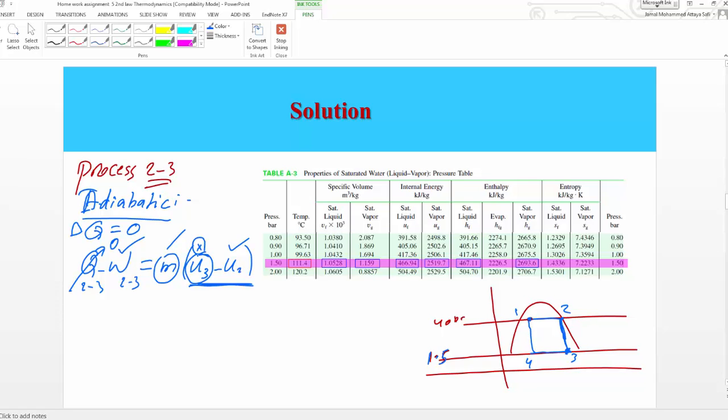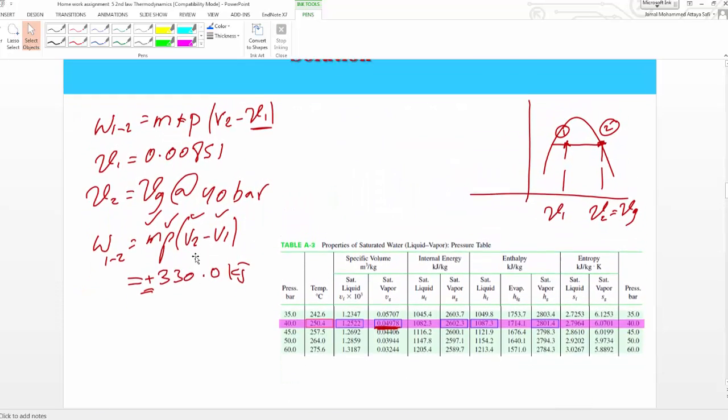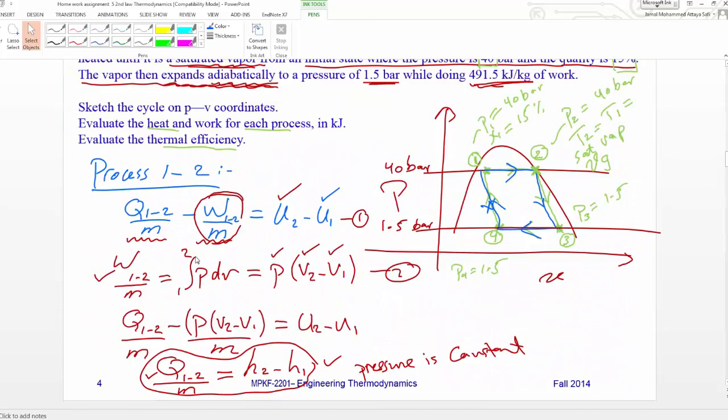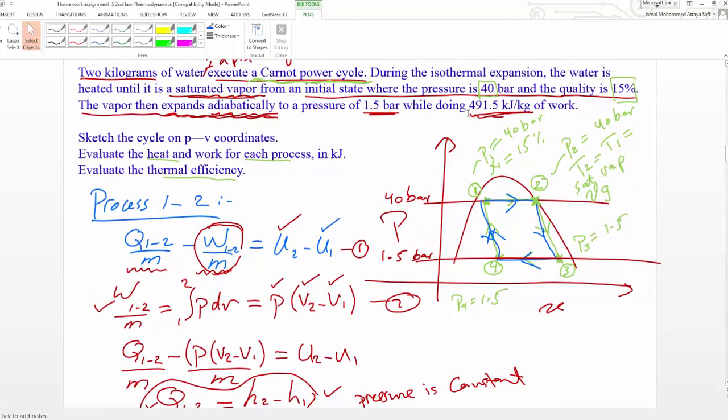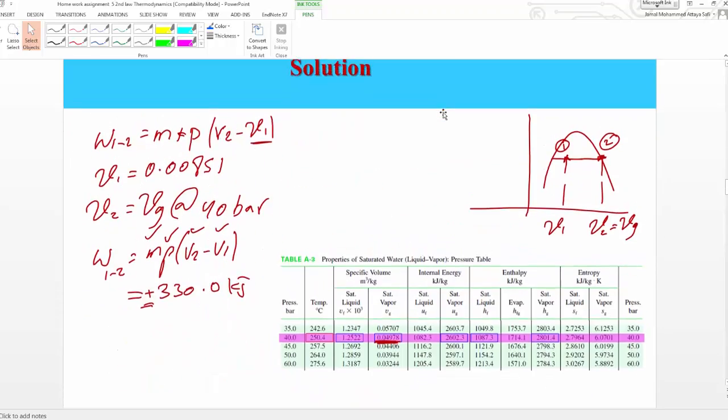So the problem is telling me that this work here is given. If we go back here, just to show you the work, you can see that the work from 2 to 3 is 491.5 kilojoule per kilogram.